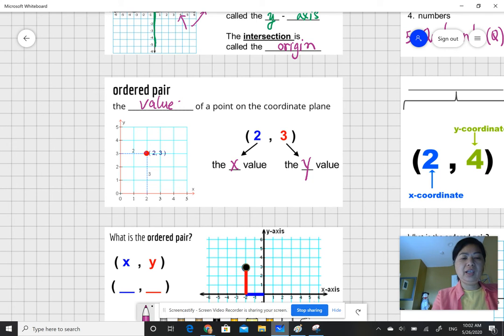So going to the horizontal line, the x-axis, is the x value, and you go into the vertical line, or the y-axis, that is the y value.